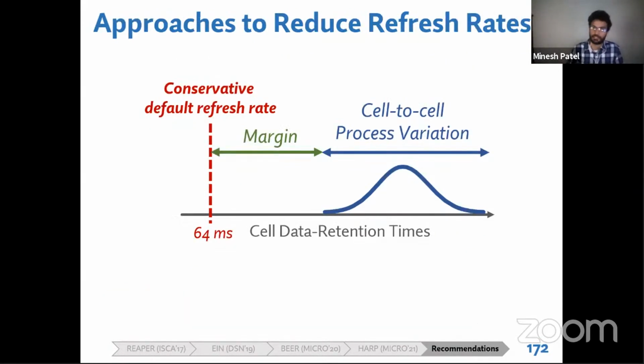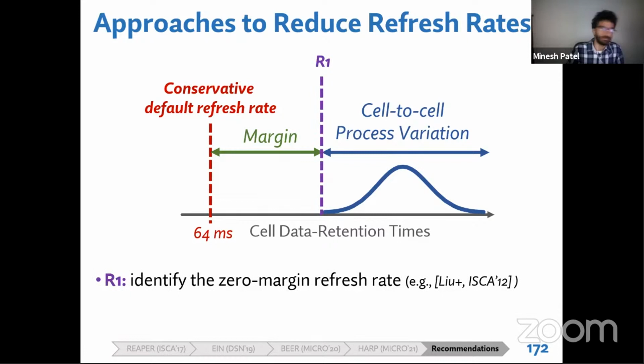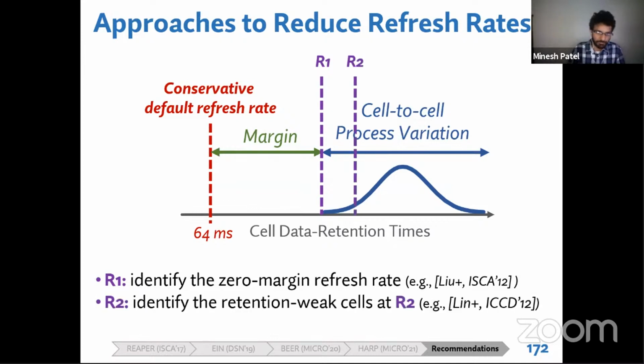And so let's take a look at a couple of approaches for reducing refresh overhead. So here I've reproduced the diagram from the previous slide. And so the first approach deals with eliminating the margin to operate at a 0 margin refresh rate for each chip. And so we move the conservative default refresh rate to a new refresh rate, R1. And this R1 exploits the available margin to reduce essentially unnecessary refreshing.